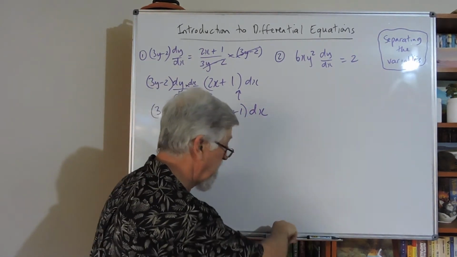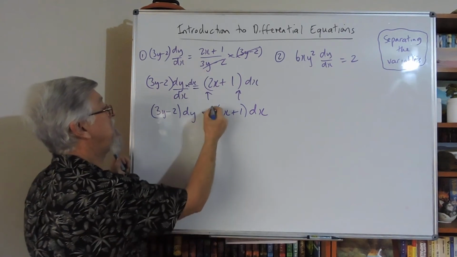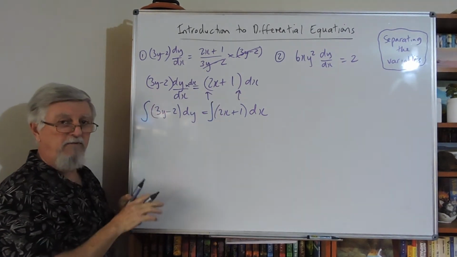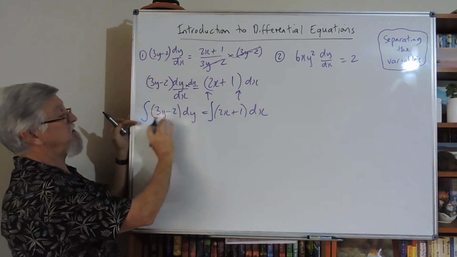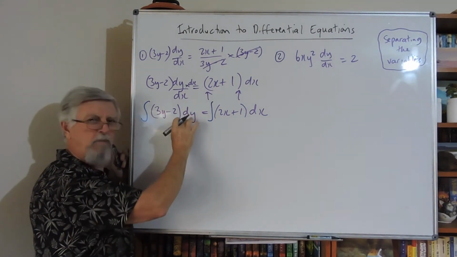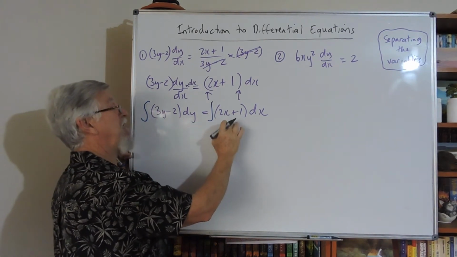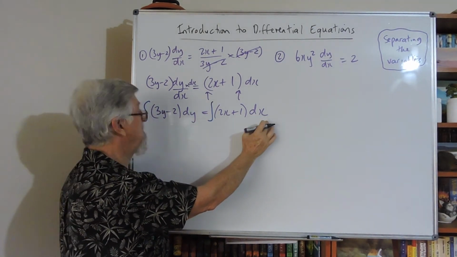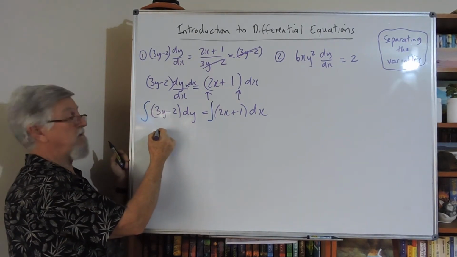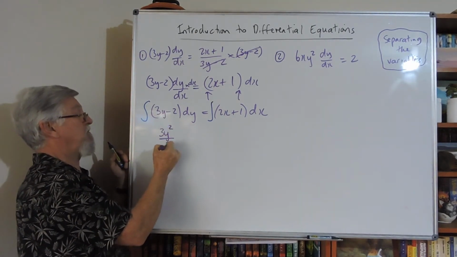This is one of the things I like about differential equations. You now can, if you get the integral of the right hand side, you can get the integral of the left hand side, because now this only says y and it's got what we want there, which is with respect to the letter y, and over here with respect to the letter x. So now I can just get that integral, and the integral of 3y is 3y squared on 2.